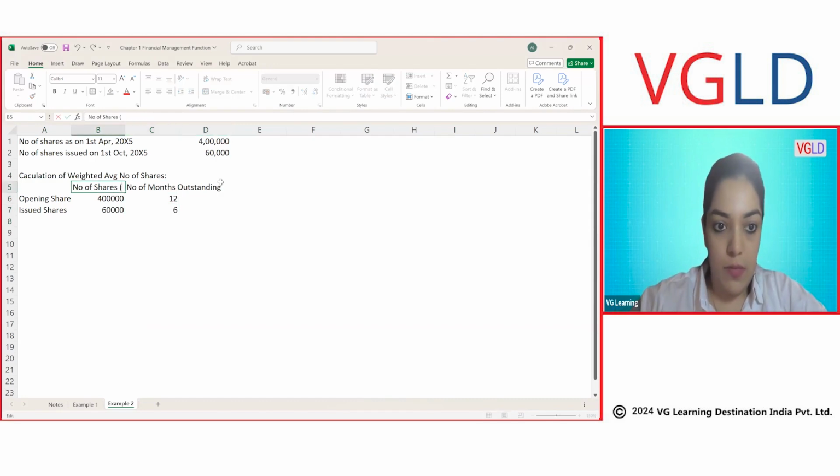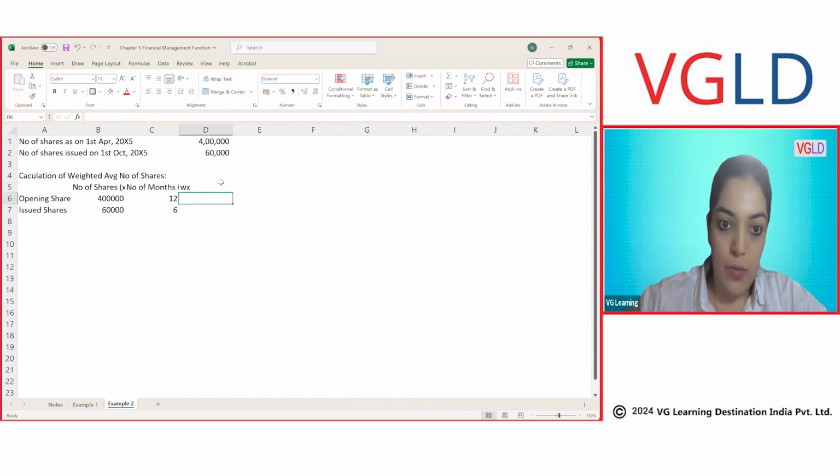So this is your X. This is your weight. So weighted average, how do we calculate?